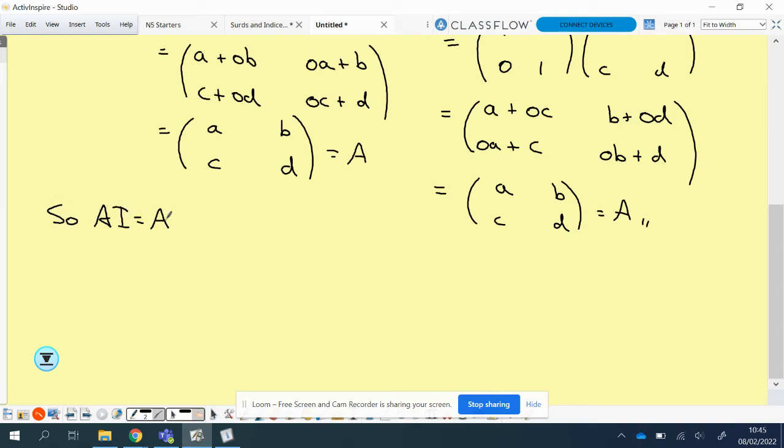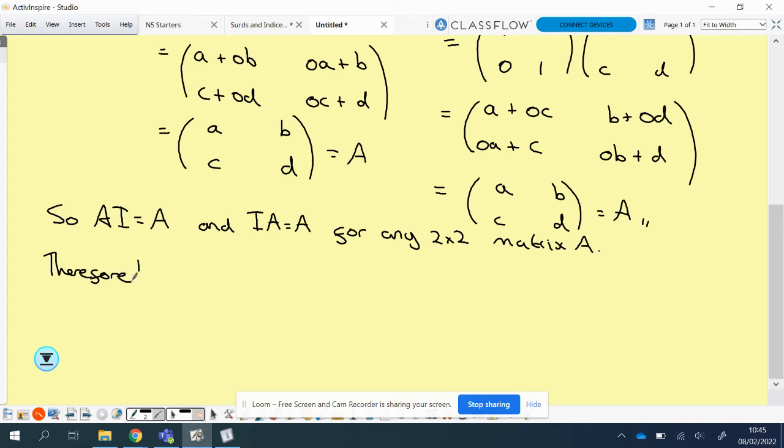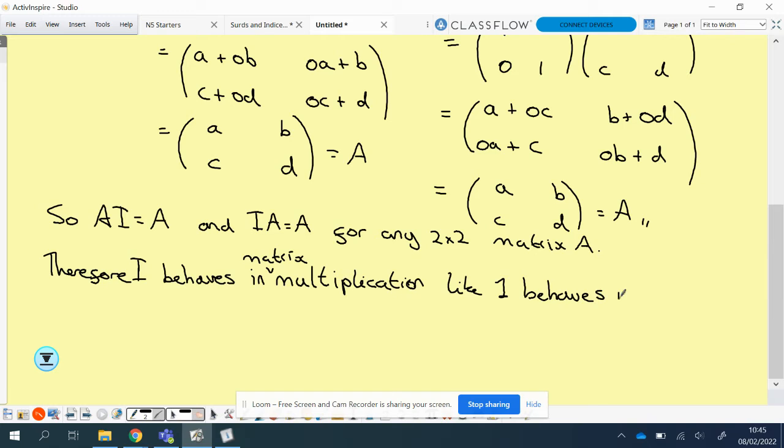A times I equals A, and I times A equals A for any 2 by 2 matrix A. Therefore, I behaves in matrix multiplication like the number 1 behaves in multiplication of real numbers.